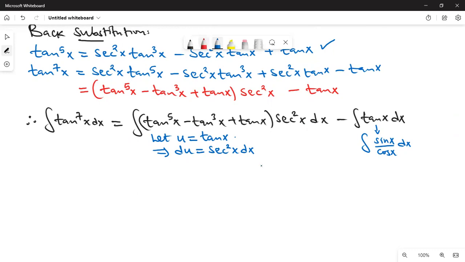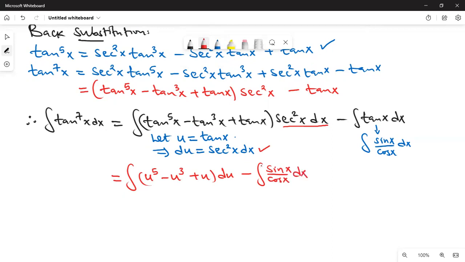So if I now substitute, you're going to get the integral of u raised to 5 minus u cubed plus u du, the whole of sec squared x dx, that is the same as du. Then the other one is minus the integral of sin x over cos x dx.